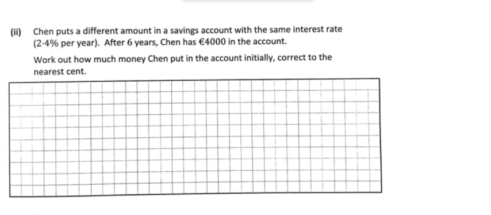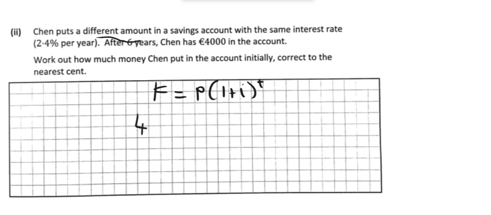Right. So we're still using the compound interest formula. So he puts in a different amount, and we don't know what the amount is, so work out how much he put in initially. So F equals P times 1 plus I to the power of t. So it's the P that we're trying to find out here.